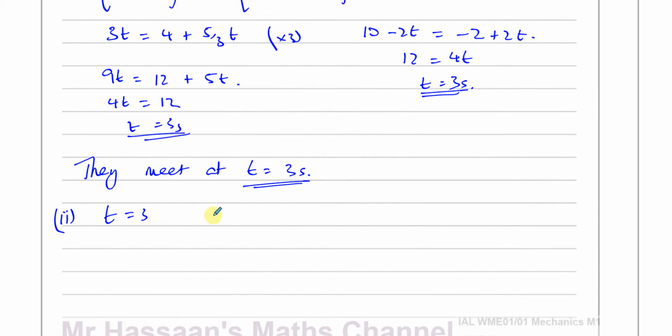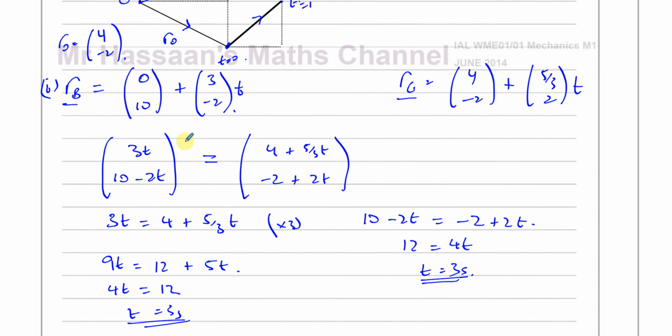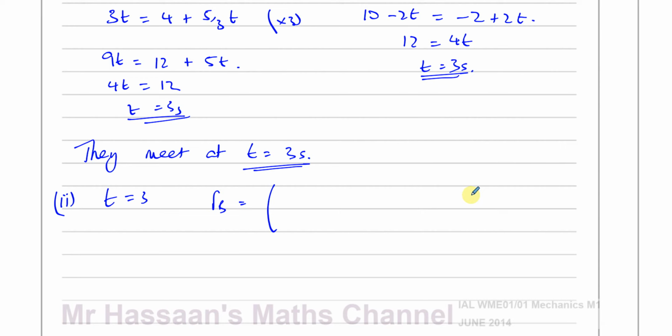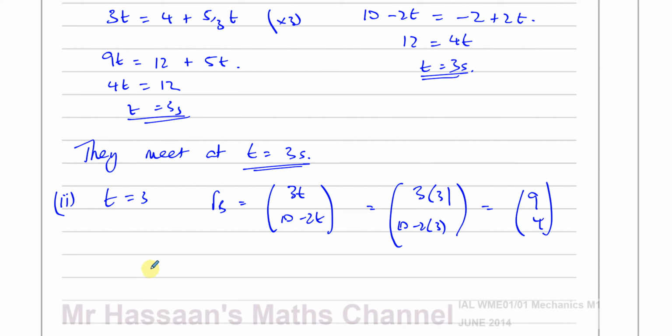So we know that the position vector of the boy is given by 3t and 10 minus 2t. So that's going to give you 3 times 3, which is 9. And 10 minus 2 times 3, that's 10 minus 6, which is 4. So 9, 4. So you can say the position vector of P is going to be 9i plus 4j.